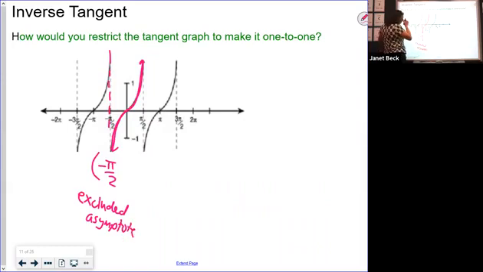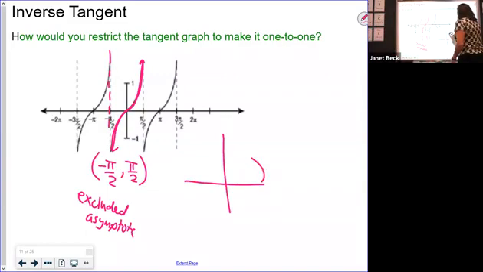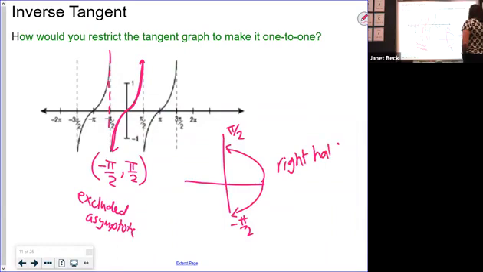We're going to go from negative pi over 2 to positive pi over 2, which on the circle is the right half of the circle.